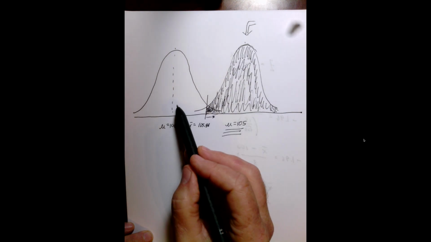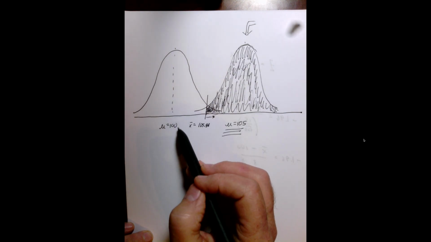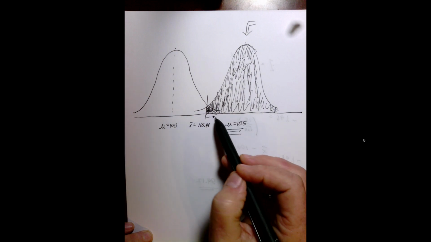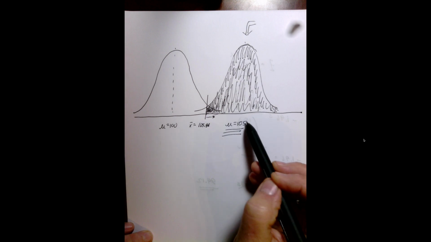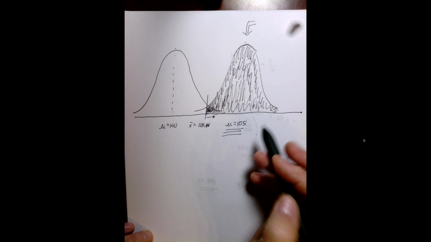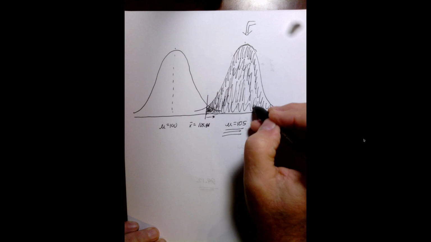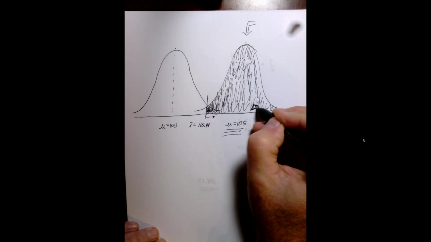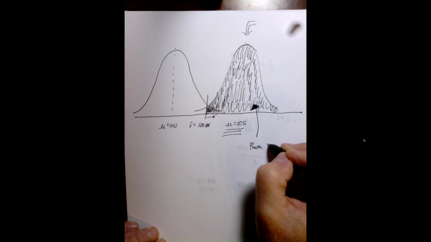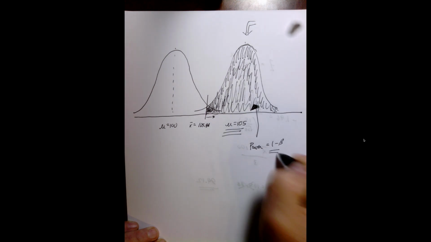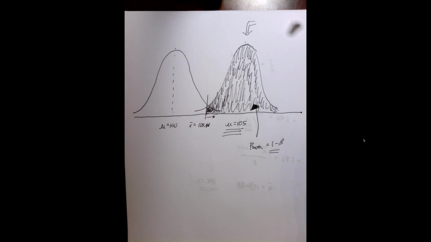We're going to reject the claim of 100 when we should have, because the mean isn't 100, it's 105 in this illustration. So this part right here actually turns out to be the power of our test.